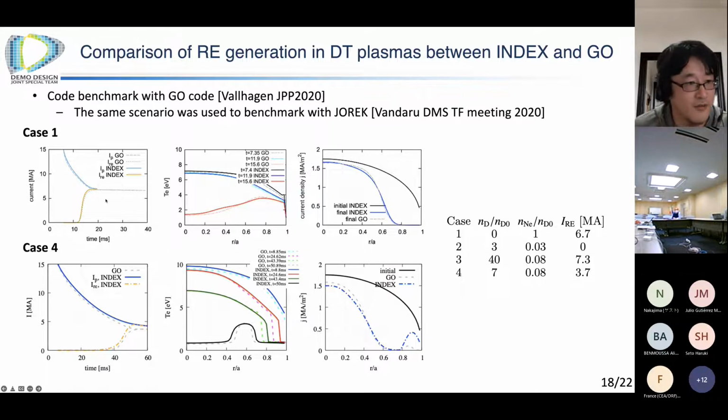From left, this is the current, electron temperature, profile evolution, and the current density. You can see the good agreement between the GO code and our code INDEX for the time trace of the plasma current, and also the other profiles for different setups of the impurity content in the plasma.